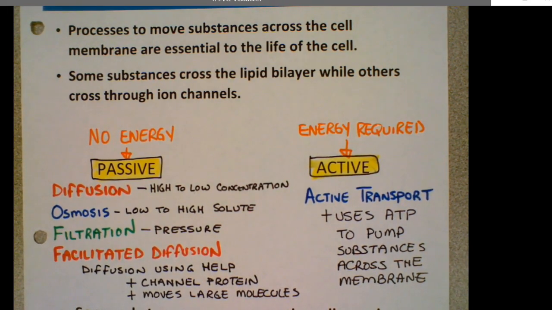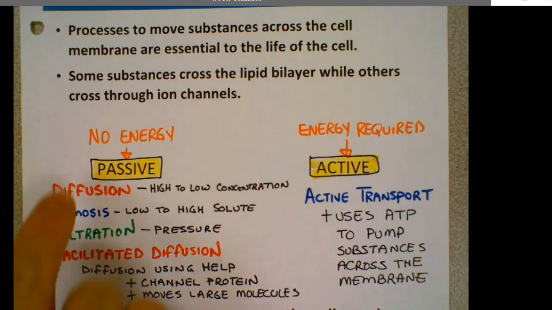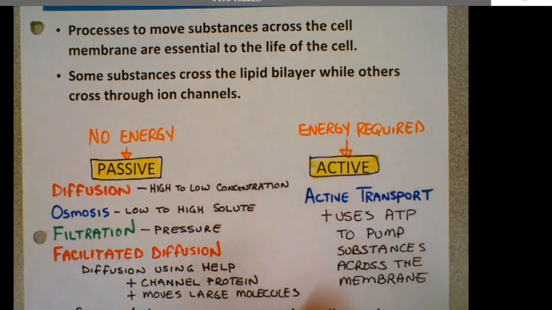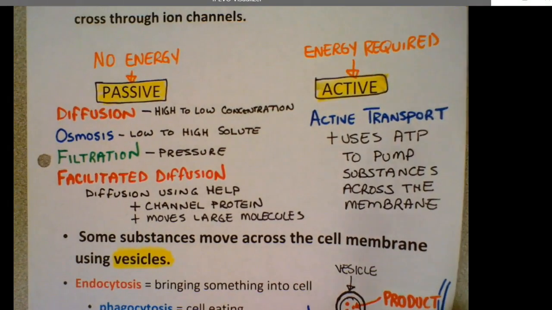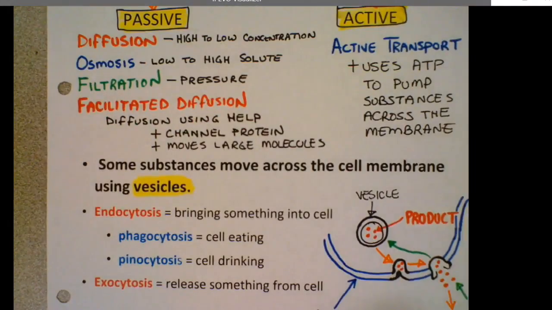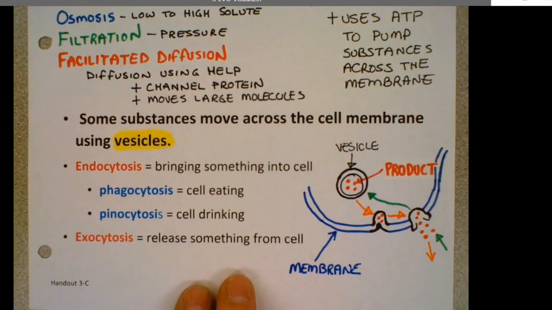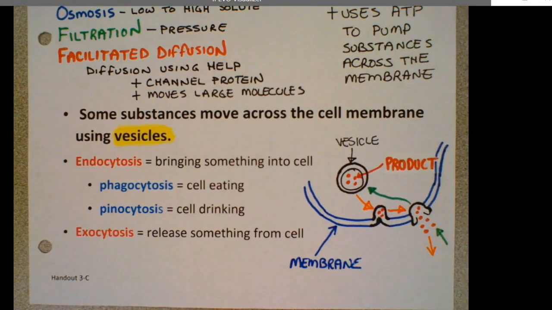And as we get further into this chapter and other chapters, we will talk more about examples of passive and active transport. Now, there's another way we can move material across the membrane, and that is through vesicles.